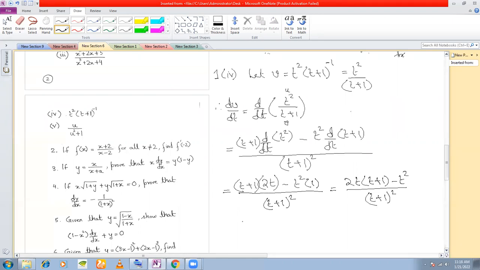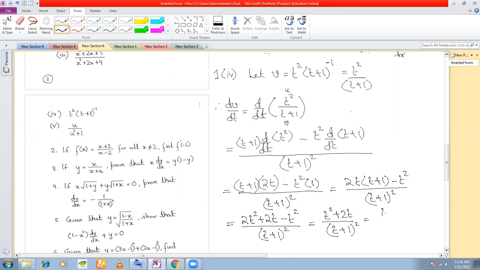So you get 2t square plus 2t minus t square divided by t plus 1 square, which is equal to t square plus 2t divided by t plus 1 square.